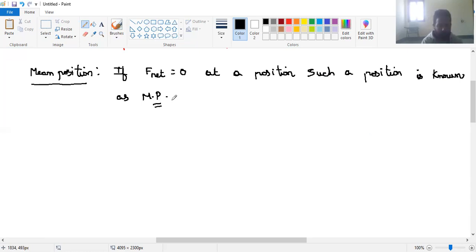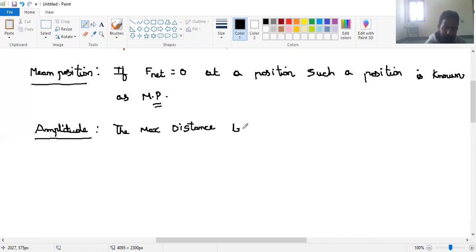Now I am talking about amplitude. What is meant by amplitude? The maximum distance traveled by the particle from mean position.